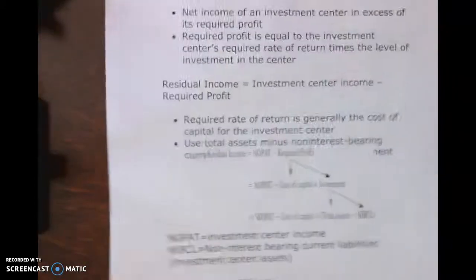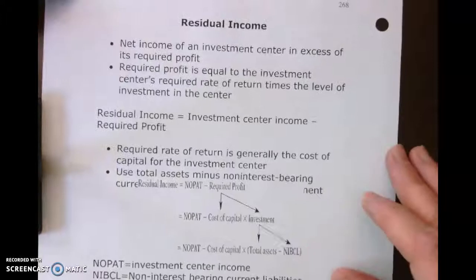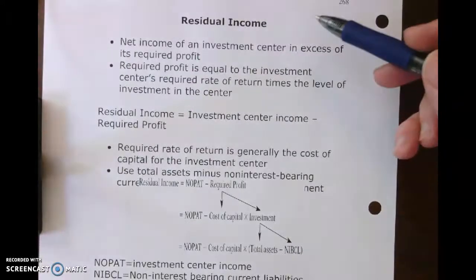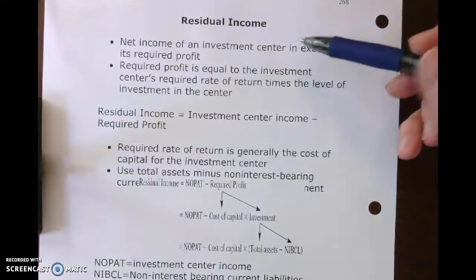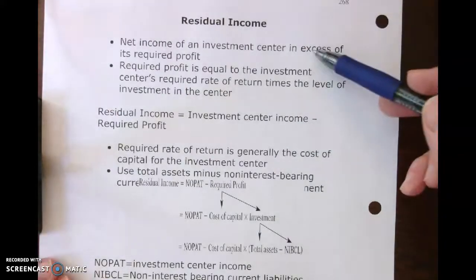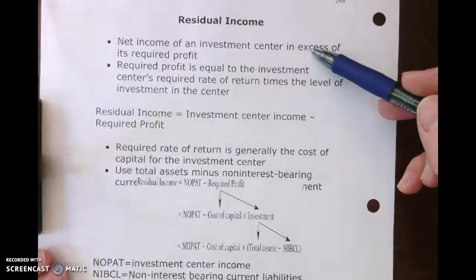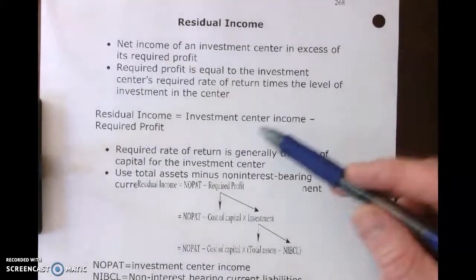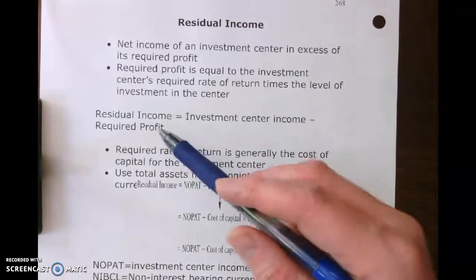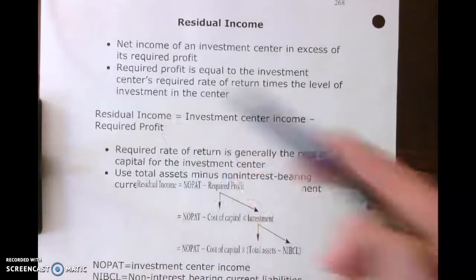Okay, so we look over here at residual income. What we talk about with residual income is the net income of an investment center that's in excess of its required profit. So what we have is some required profit number that we want to hit, okay? And then what we can say is how well did you actually do against how well should you have done, okay?